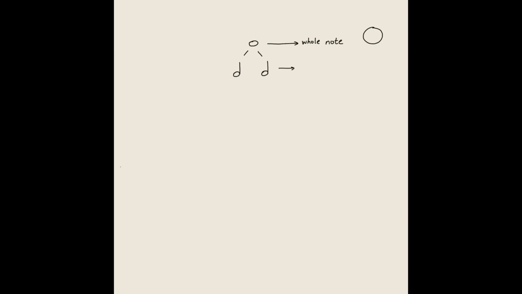And of course, we'll call these half notes, okay? Because each of these notes will be worth half the value of a whole note, similar to half of a pie being the equivalent to half of a whole pie, right?